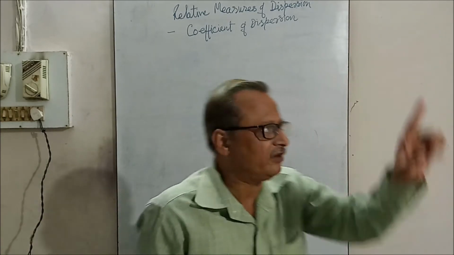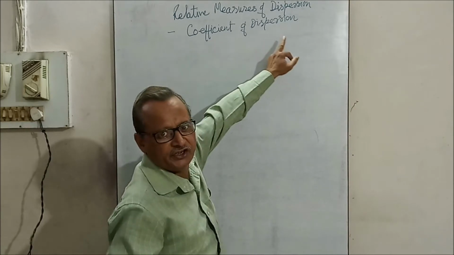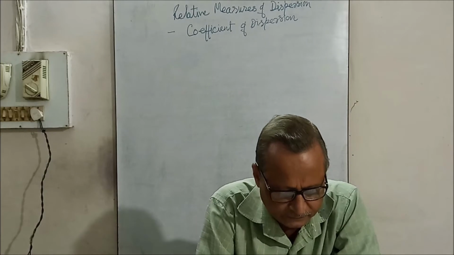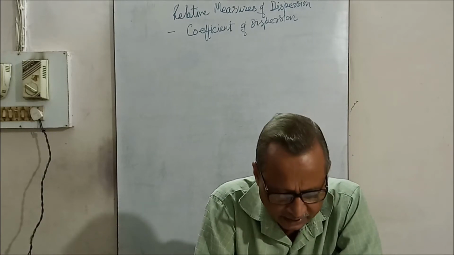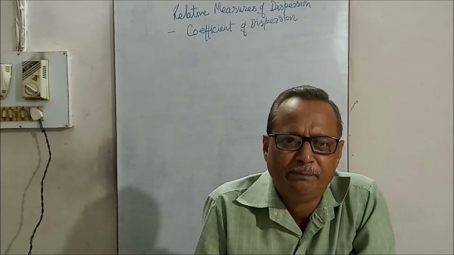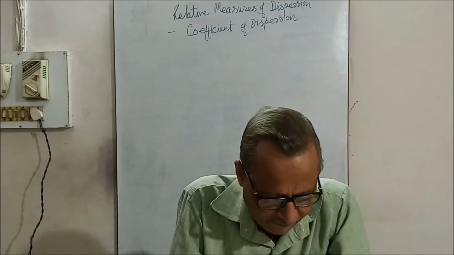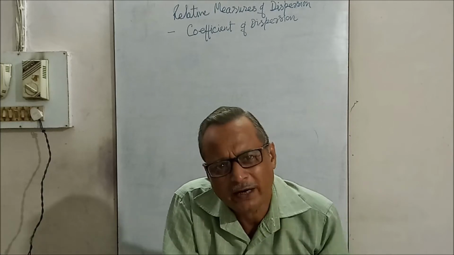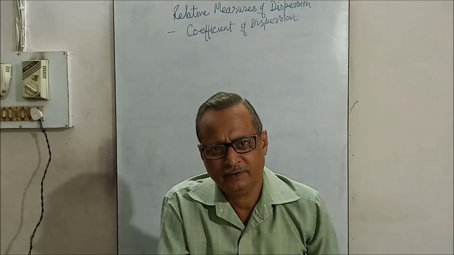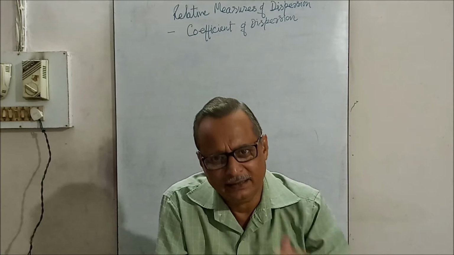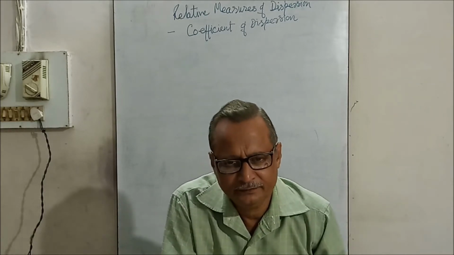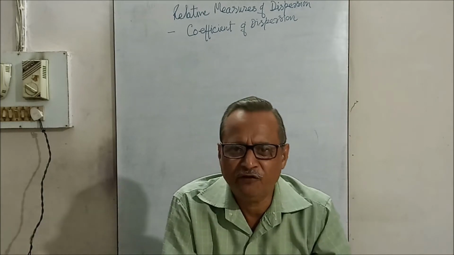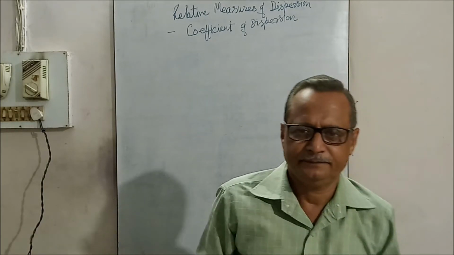The relative measure of dispersion is called the coefficient of dispersion. It is taken as the ratio of the absolute measure of dispersion to the corresponding average, the average you have calculated.